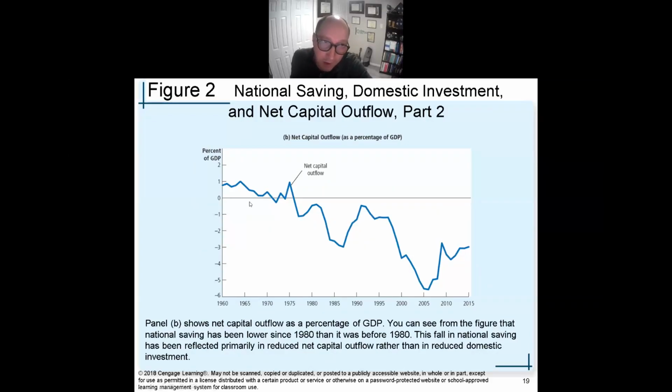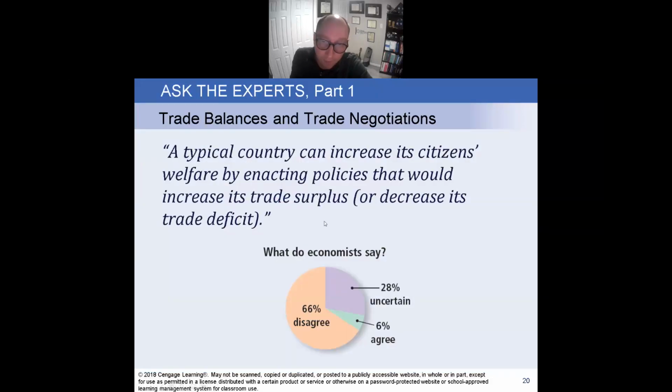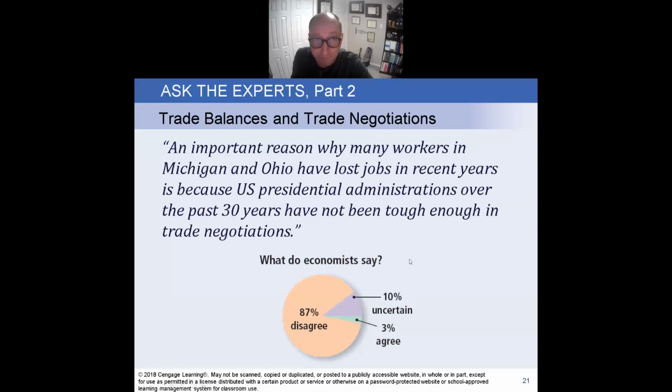Capital outflow has significantly gone below zero. So what this means is the United States continuously experiences a deficit when it comes to trade. So it's just a really interesting concept.